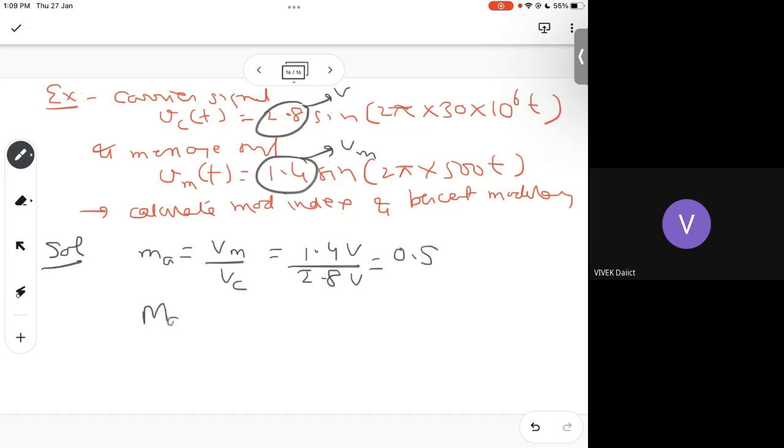And the percentage of modulation, as we have already understood, is MA into 100, so it turns out to be 0.5 into 100, that means 50%. So it has a significance: how much we should modulate, and what happens at 50%. This is how we calculate.